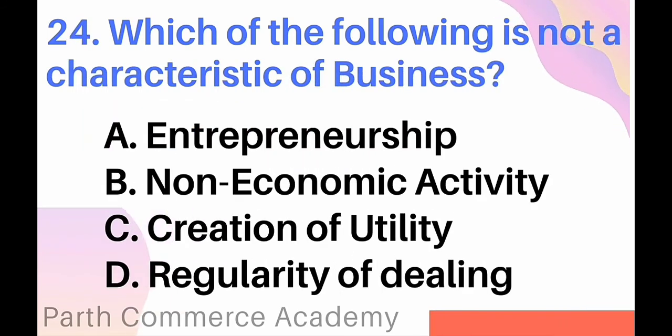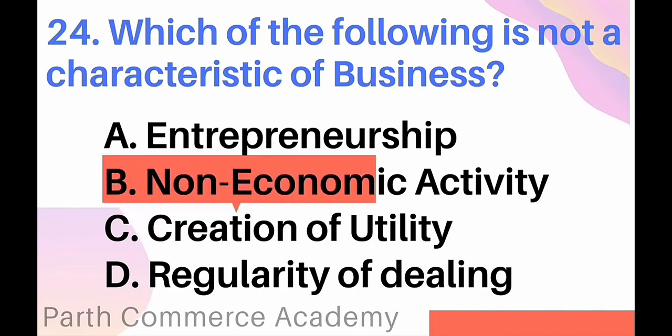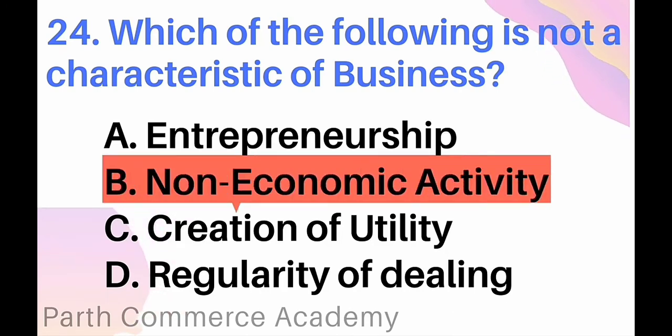Next is, which of the following is not a characteristic of business? Entrepreneurship, non-economic activity, creation of utility, regularity in dealing. So here we can see non-economic activity is not a characteristic of business. So the correct answer is option B, non-economic activity.